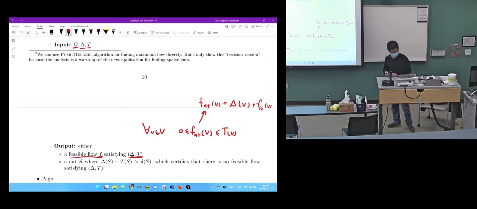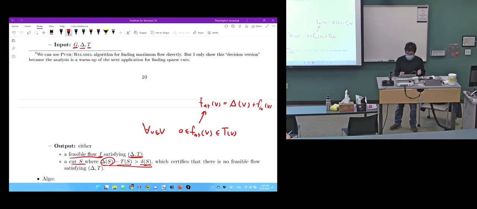So you either find a feasible flow that certifies source and sink, or you say that there is a cut such that this is the case. Like the initial mass, even after you subtract what you can absorb in this cut, is still bigger than the cut size.